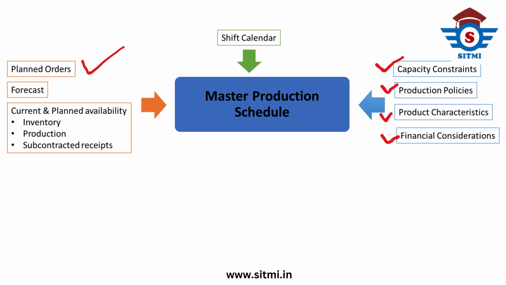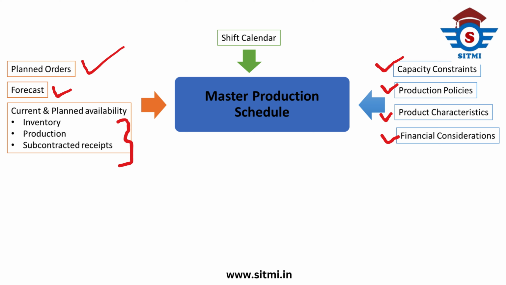On the other side, MPS also considers planned orders which are already in plan in the system or for the future period. It considers forecasted demand, that means what is coming out from the demand planning step. Then it also considers current and future plans about inventory, production, and also subcontracted quantities. Subcontracted quantities is nothing but the product which is manufactured by a subcontractor on our behalf.